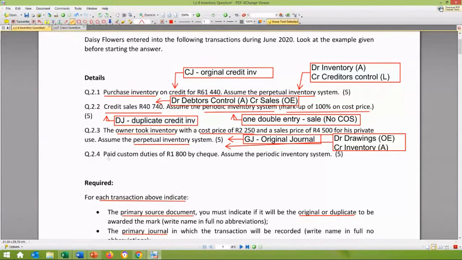Question 2.4. We paid custom duties of 1,800 by check. Now, because we know it's by check, it would be in our cash book payments. So what we will have is a check counterfoil, is our source document. It will be original as well.